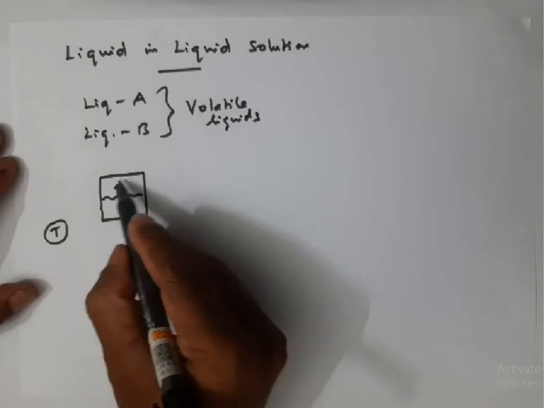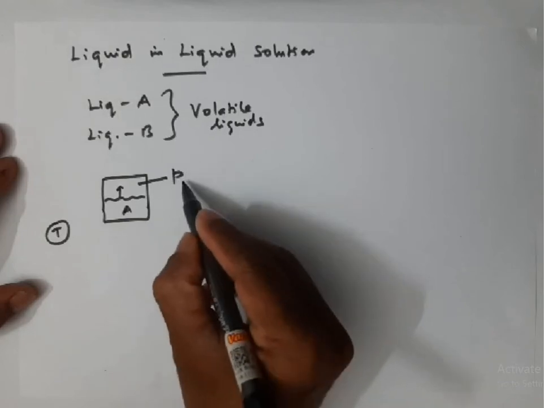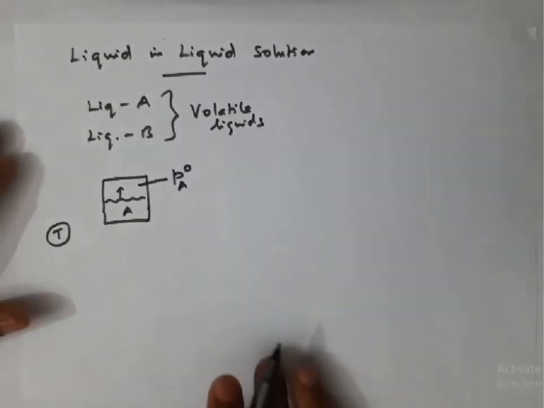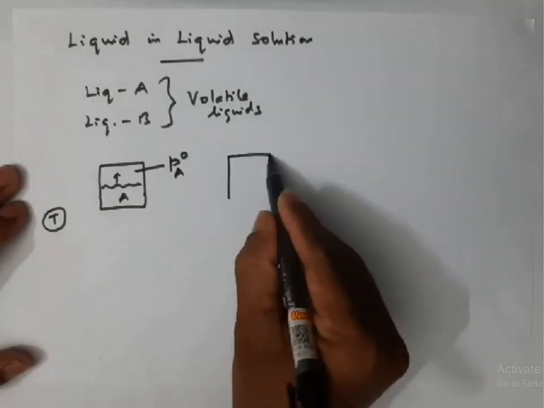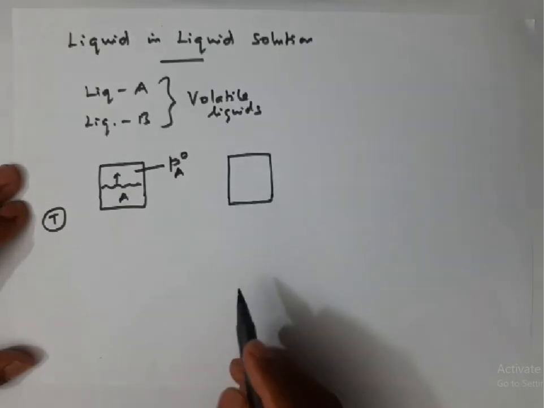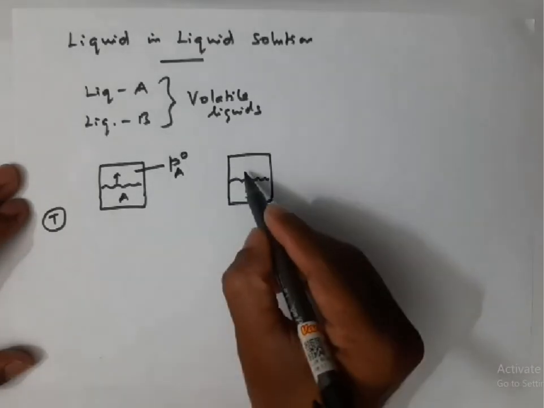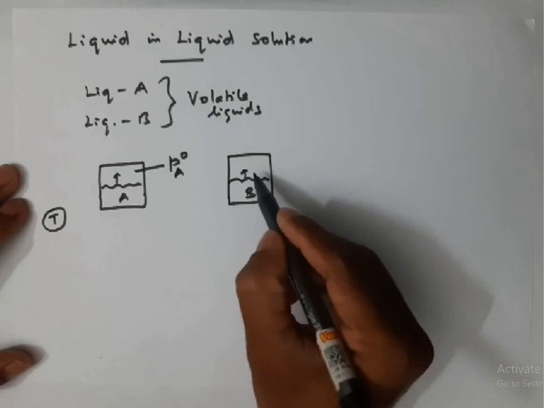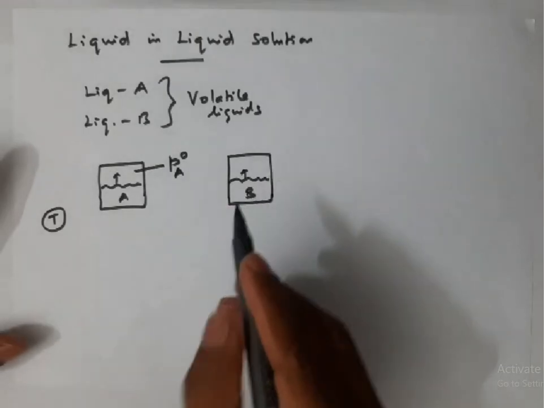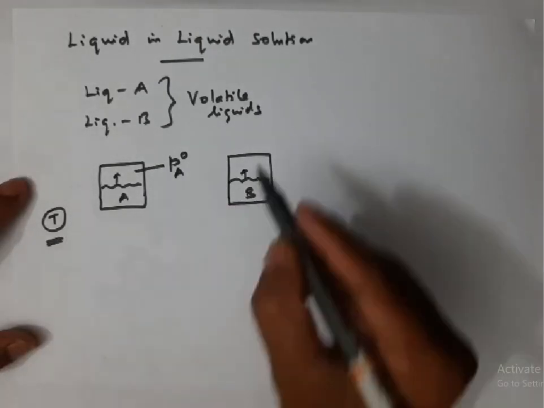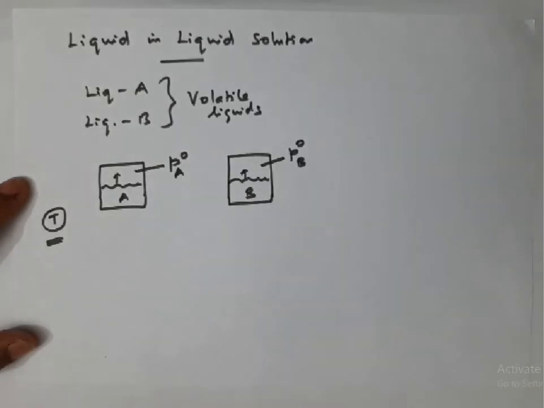At equilibrium you measure the pressure above the liquid, that corresponds to the vapor pressure of pure liquid A. Similarly, you take another container and take pure liquid B. Here also evaporation occurs initially, then condensation takes place, then the system attains equilibrium. At equilibrium, at the same temperature T, measure the vapor pressure; this is the vapor pressure of pure liquid B.